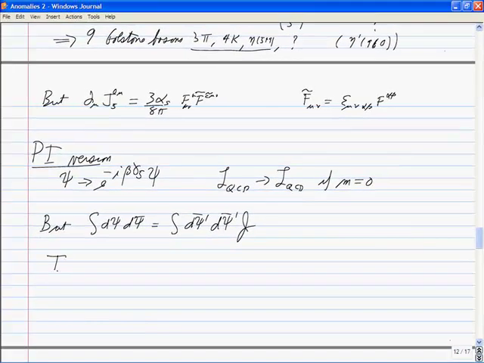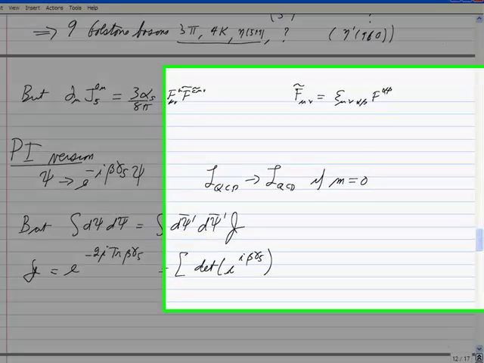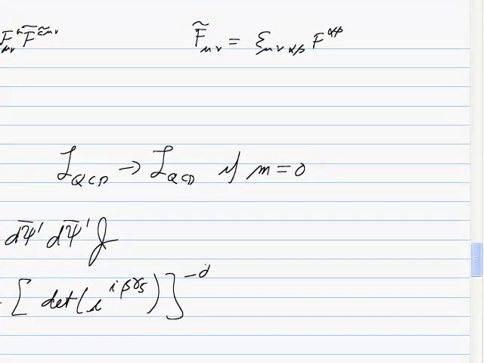The Jacobian is e to the minus 2I trace beta gamma 5, just by doing the determinant. It's the determinant of e to the I beta gamma 5 to the minus 2. That's where it comes from.